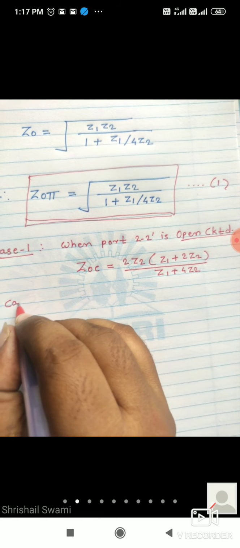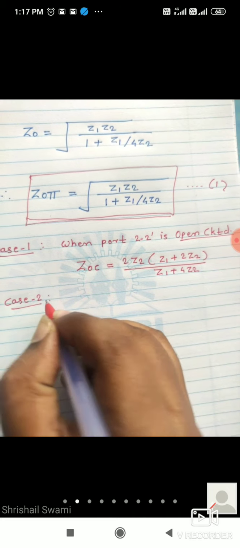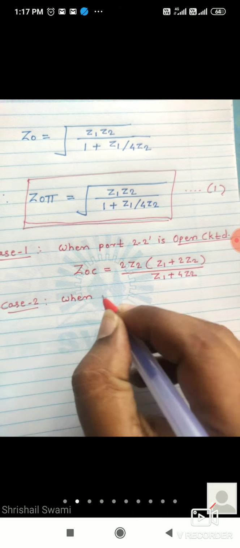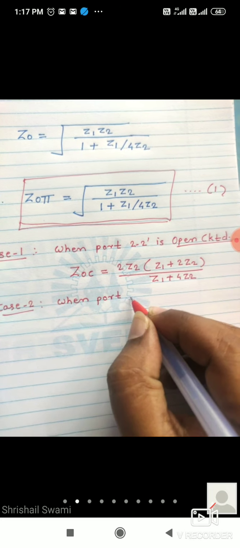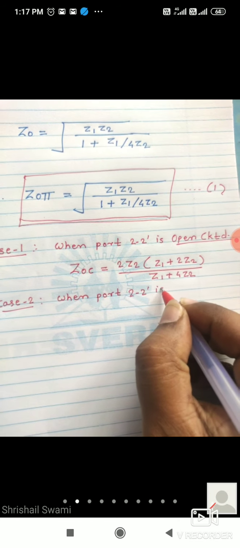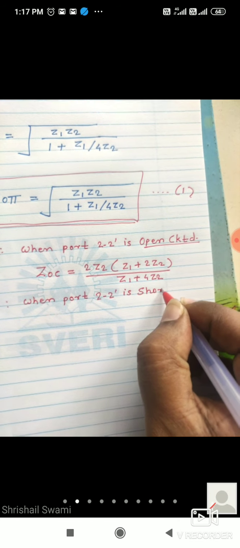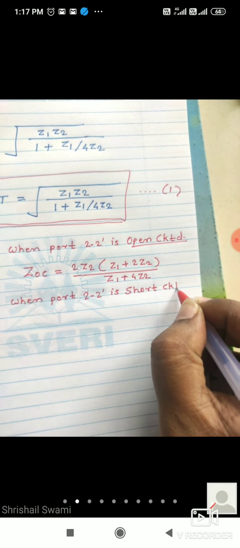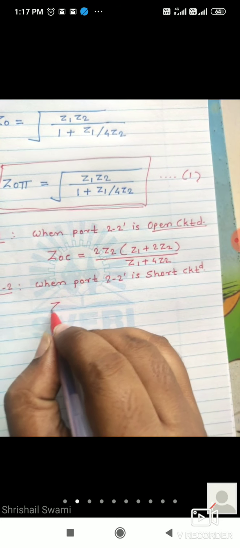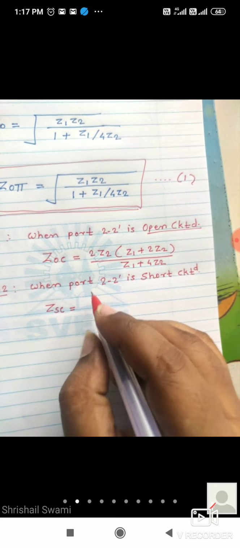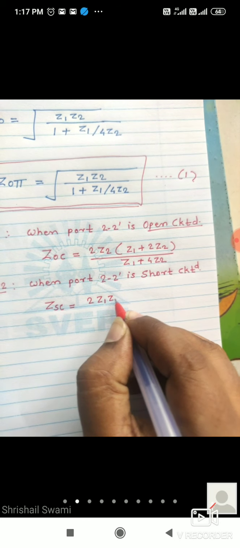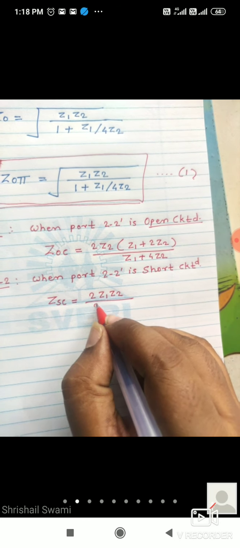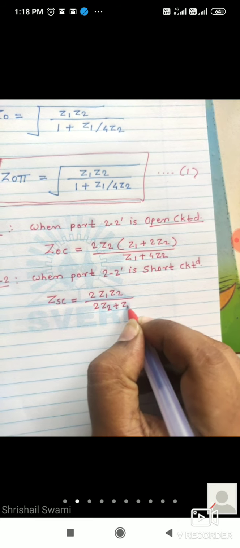Similarly, case 2, when port 2 dash is short circuited. In that case, ZSC is equal to 2Z1 into Z2 divided by 2Z2 plus Z1.